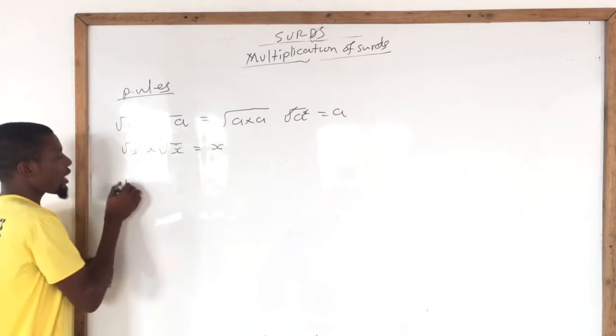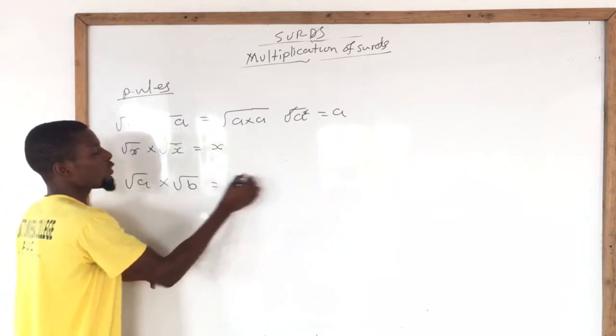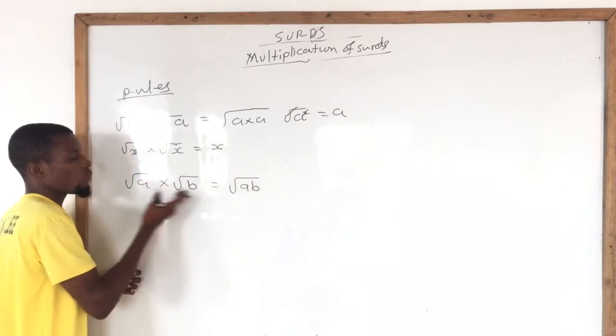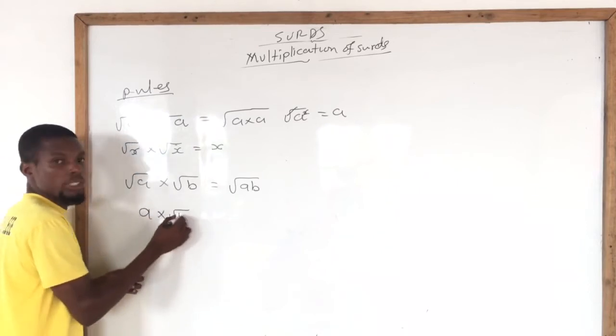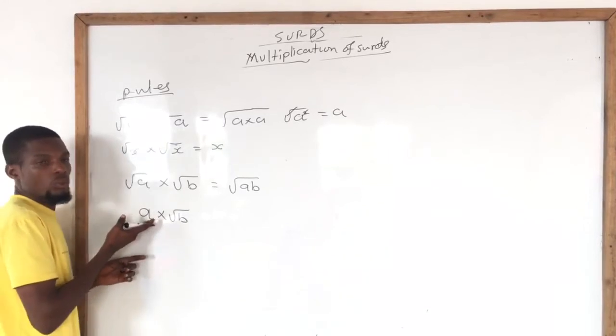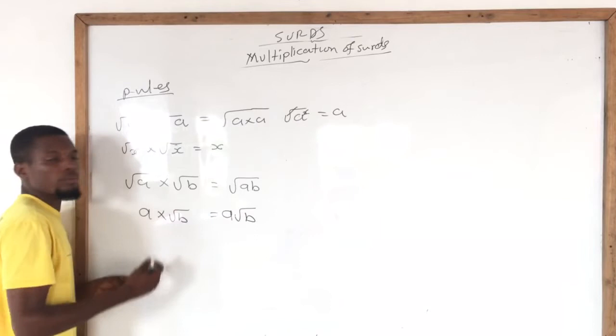So if I have root a times root b, it is going to give me root ab. Are you okay? Since they all have roots. But if I have a times root b, this one is not having roots, so it becomes a root b.